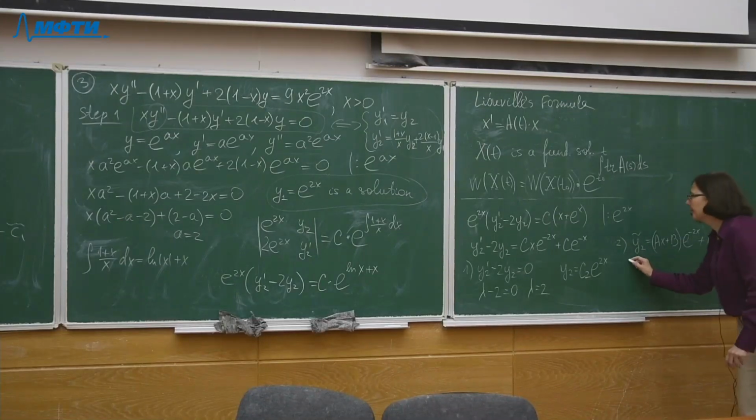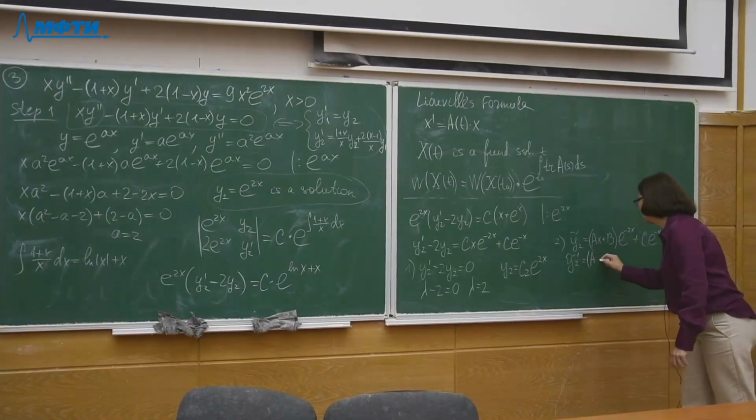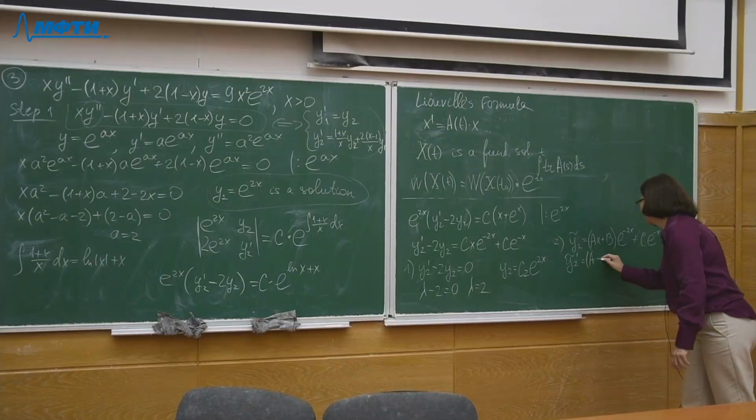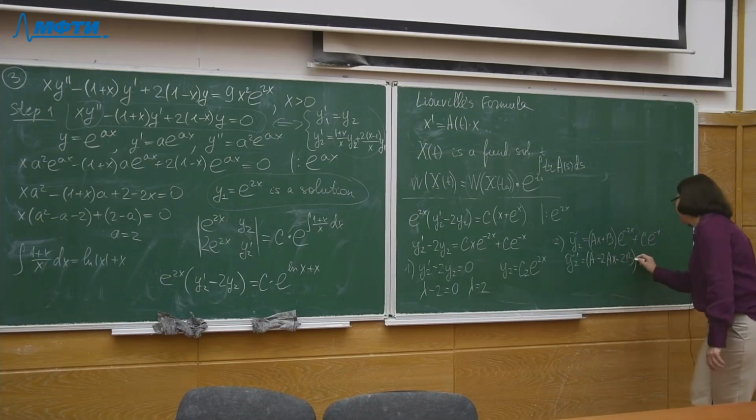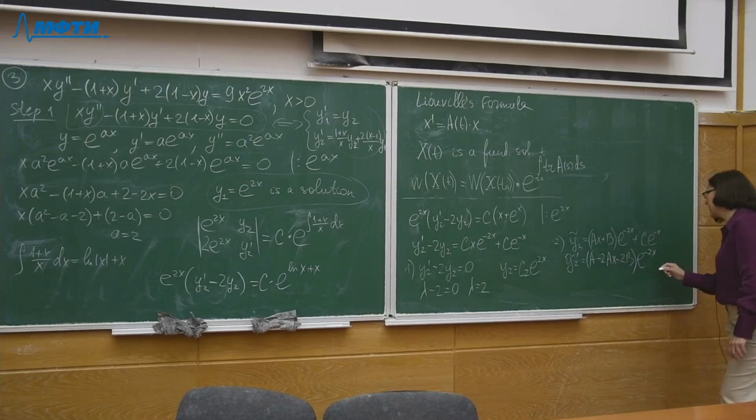Then y2 prime equals a minus 2ax minus 2b times e to negative 2x minus c e to negative x.